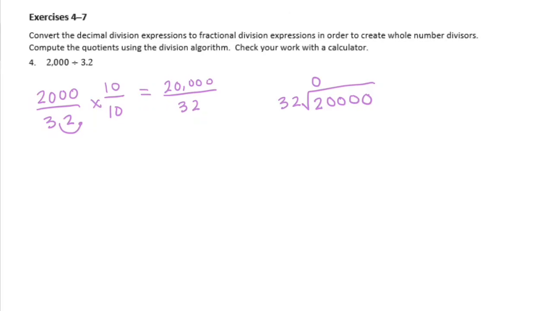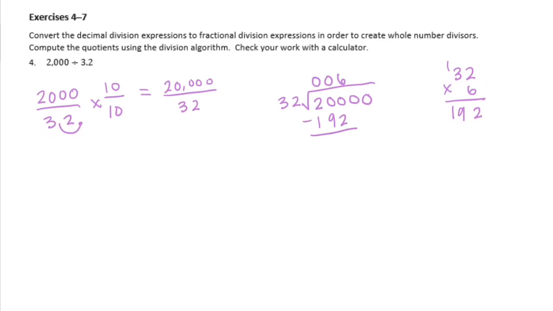So it can't go into 2 or 20, but 32 could go into 200. I don't know, 32 times 10 would be 100, so maybe 6 or 7. Let's try 6. 6 times 2 is 12, carry the 1. 6 times 3 is 18, plus 1 is 19. Yeah, it couldn't go in another time, so it can go in 6 times.